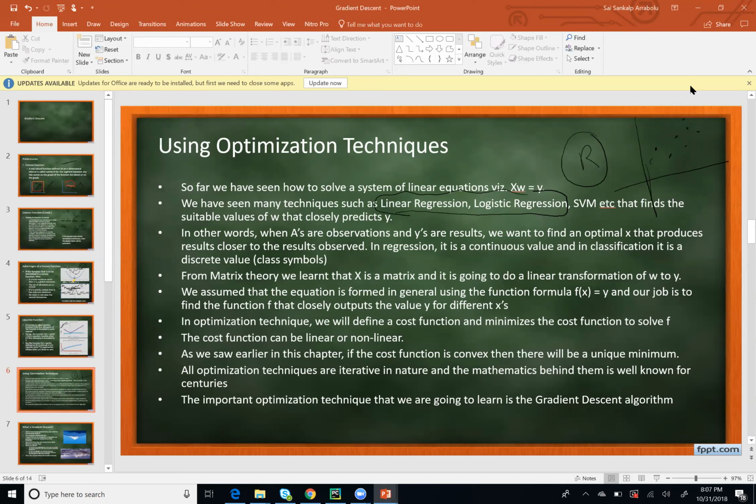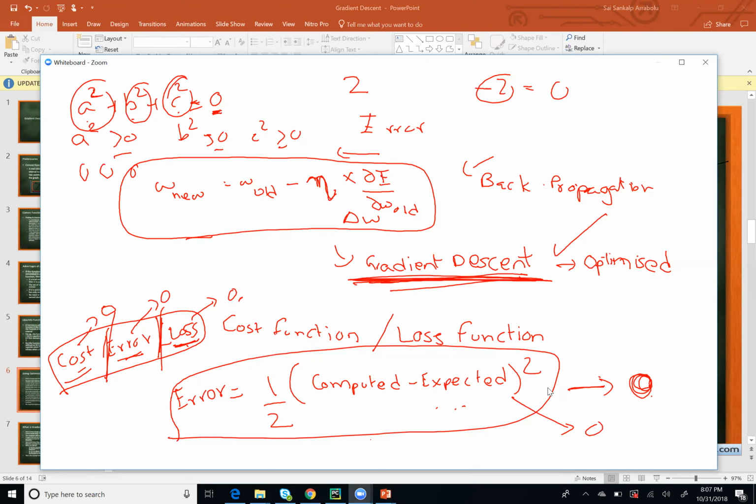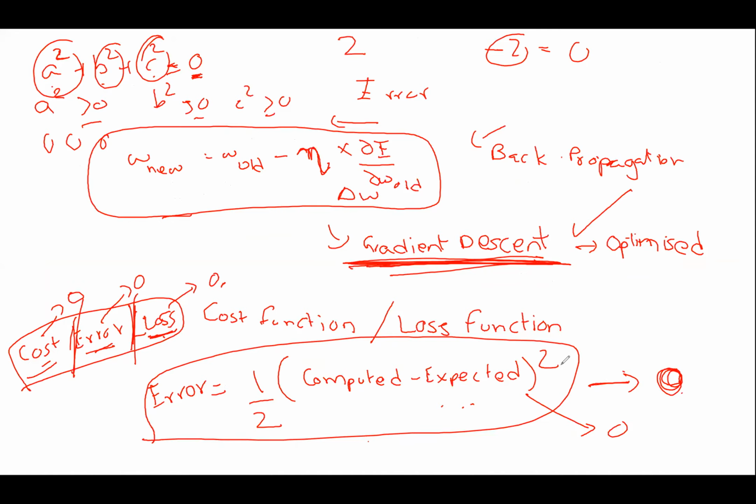Regression means predicting. When you have a set of points like this, let me just show it. So regression means you have to predict something. This is y and this is x, and the points are like this.